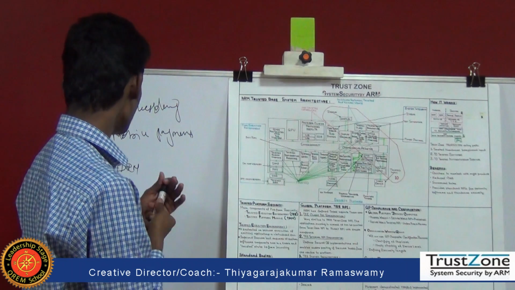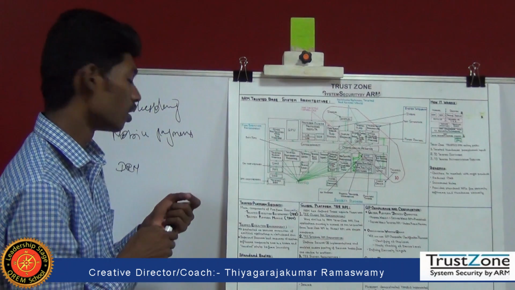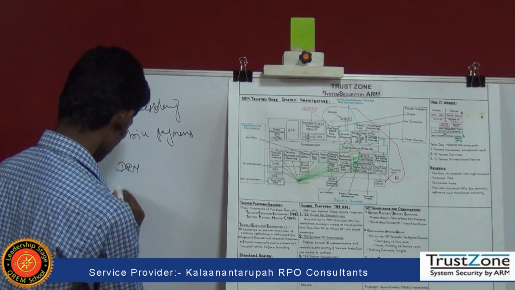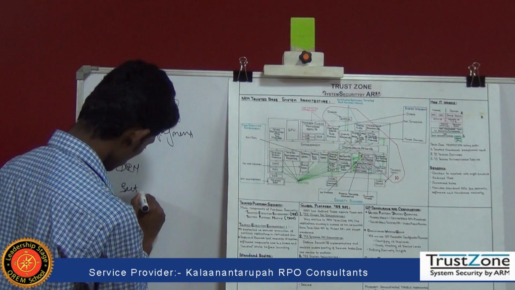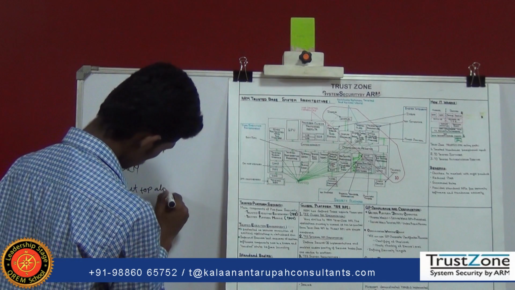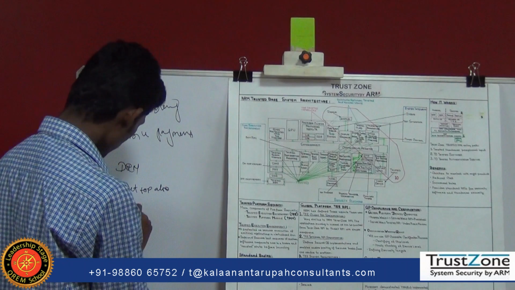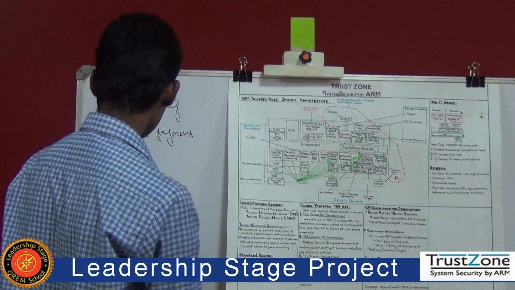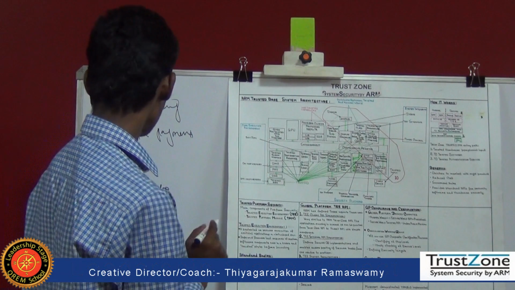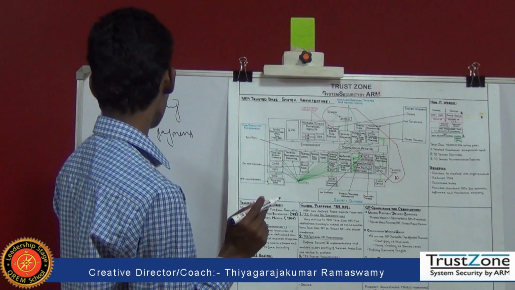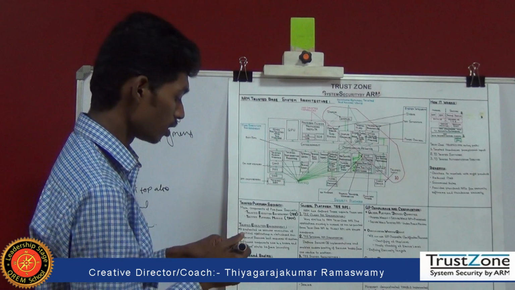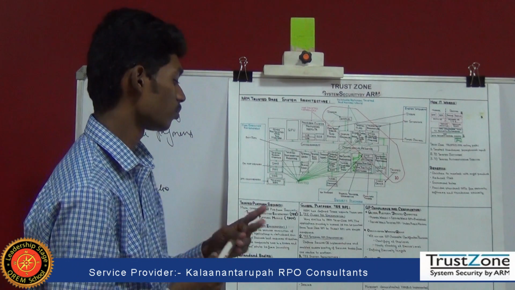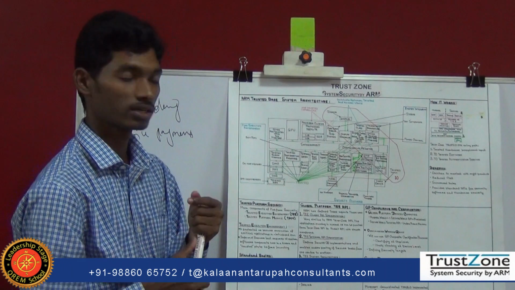And DRM: in DRM we are using content protection, and set-top boxes, media players and also mobiles come under this DRM. These are all the other applications of Trustzone. And next, Microsoft demonstrated Trusted Platform Module 2.0 implemented using the Trustzone.